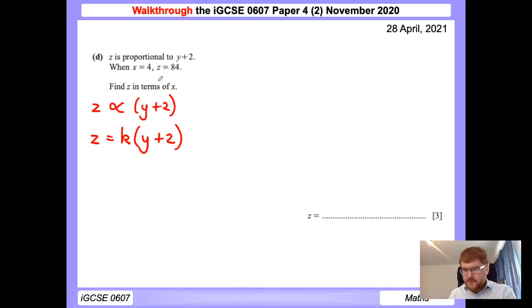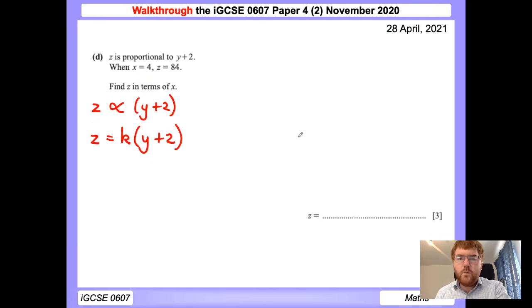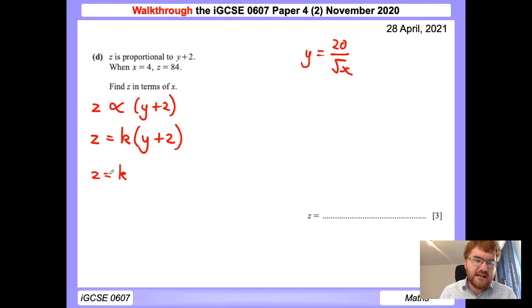We actually do, because if we go back to question A here, we have y equals 20 over root x. We already worked this out. So at this point, I can replace the y with 20 over root x. So I get z equals k, 20 over root x, plus 2. Just substituting the answer in from part A.